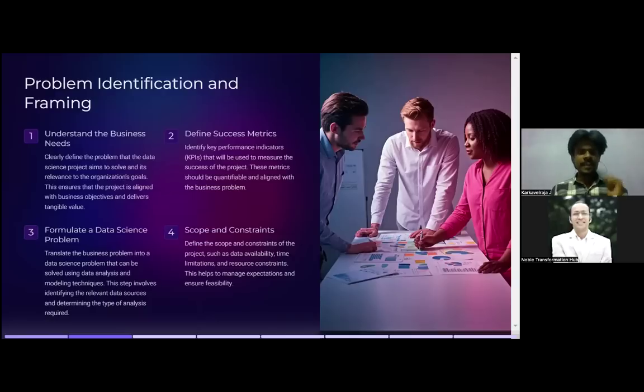Then define success metrics. For a project to be successful, there will be multiple stages, so you need to define what things will go well in order to say the project is successful. Consider you are creating a project to find whether a patient has heart disease or not. What is the key business need? We need to find whether the patient has heart disease in a proactive manner.